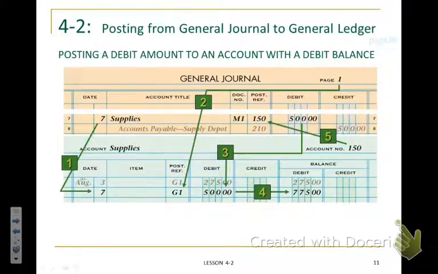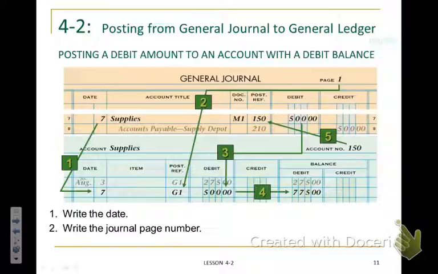Now, if you already have a balance in the account, so in this particular transaction, we're noticing that there's already a debit balance in this supplies account of $275. And we're posting that they just bought $500 more of supplies.